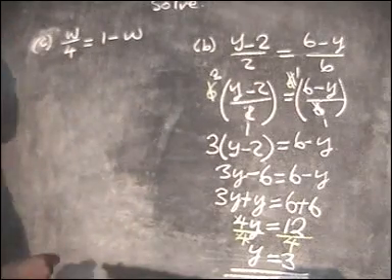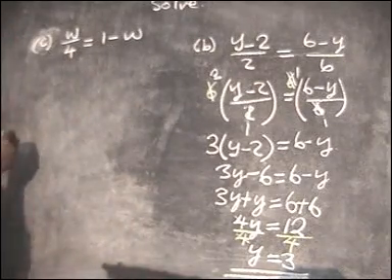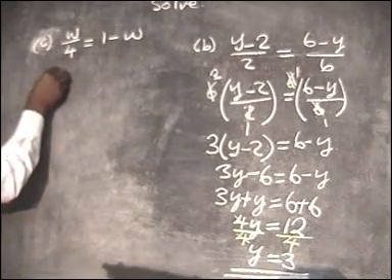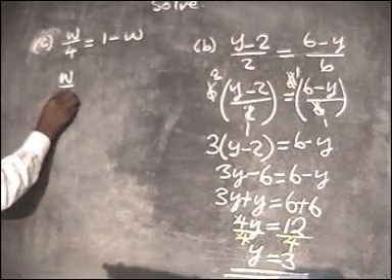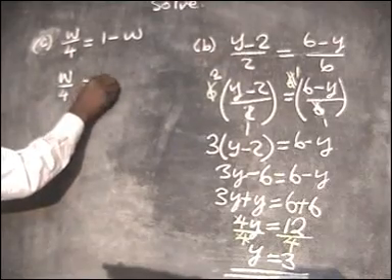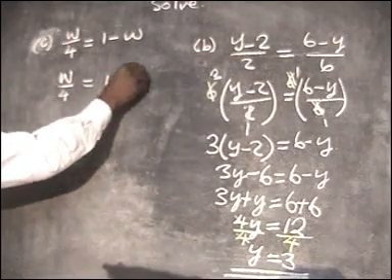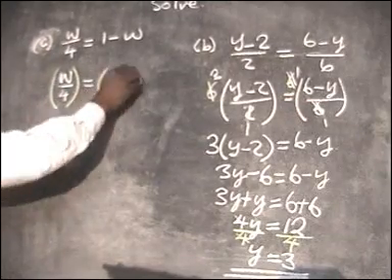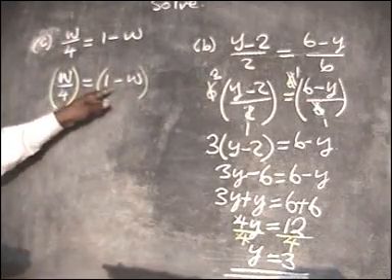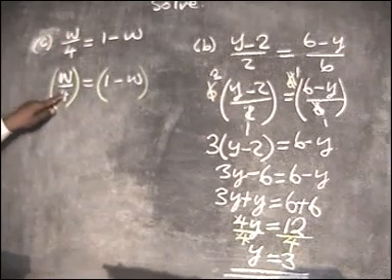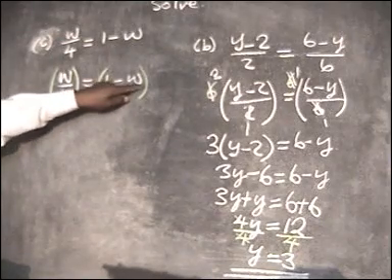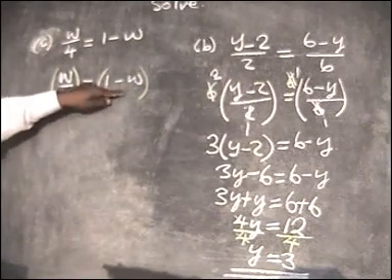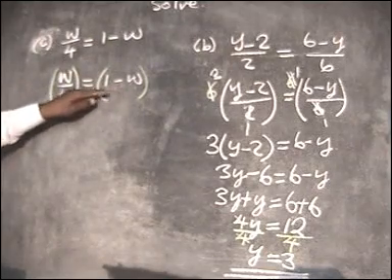So coming to question C, looking at it the way it is, this is W/4 = 1 - W. As usual, I have to enclose each side in brackets. Mind you, this time around, this is in fraction form. There is a 4 down there, but there is no number under the other side, which means that even if we apply a 1 there, we still maintain the same.